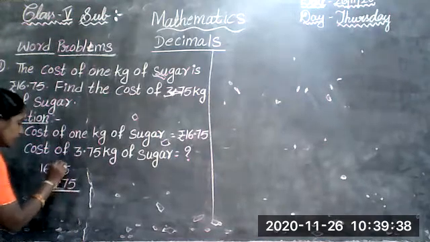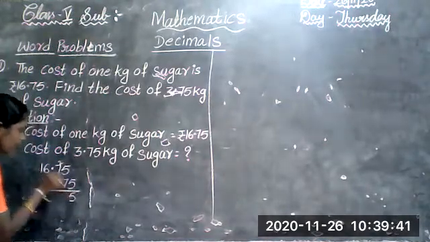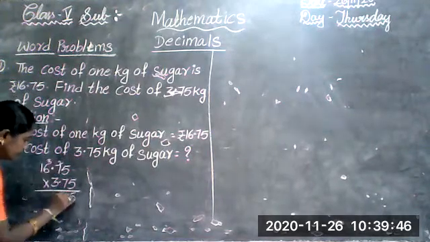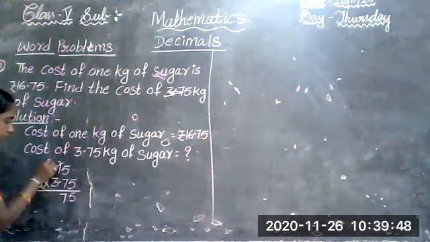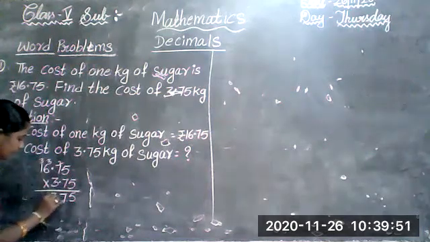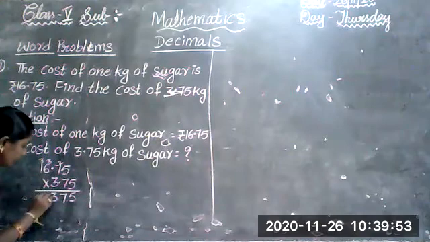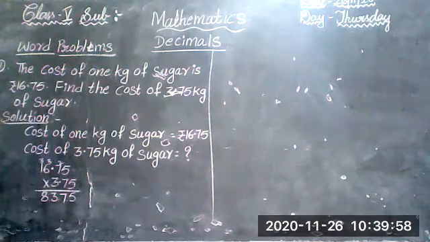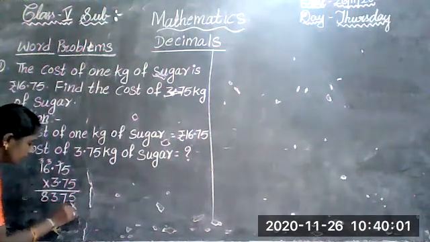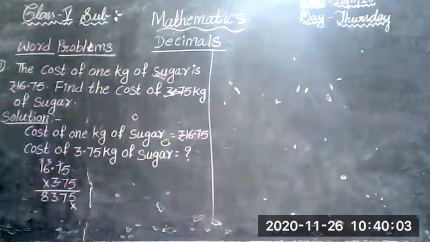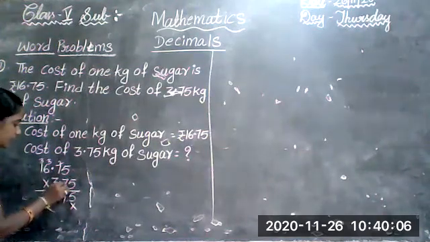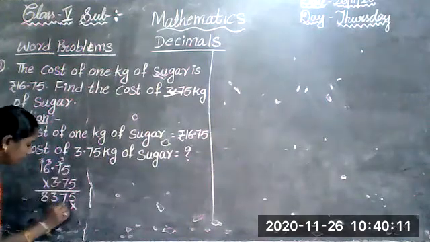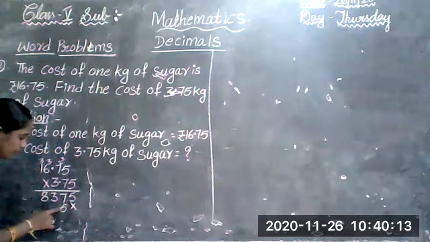Now I am doing this again. 5 5s are 25. 5 7s are 35, 35 plus 2, 37. Next 5 6s are 30, 30 plus 3, 32. Next 5 1s are 5, plus 1 plus 3, 8. Next, the ones number is completed. Next we have to do with 7. 7 5s are 35, 3 here and 5 right here.